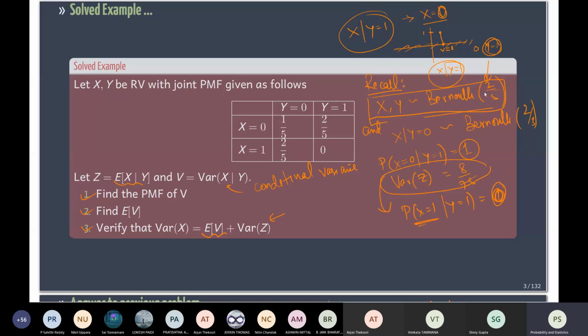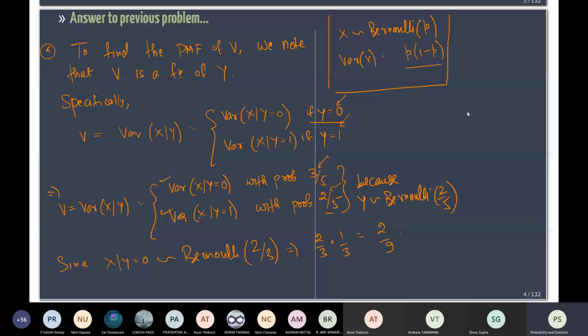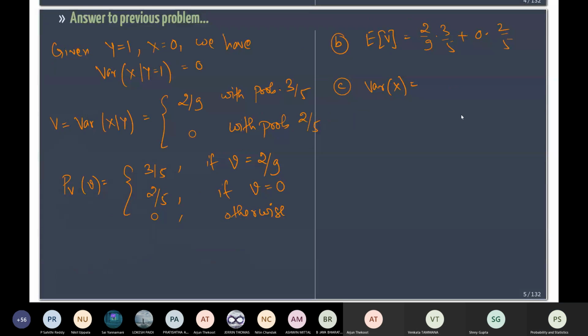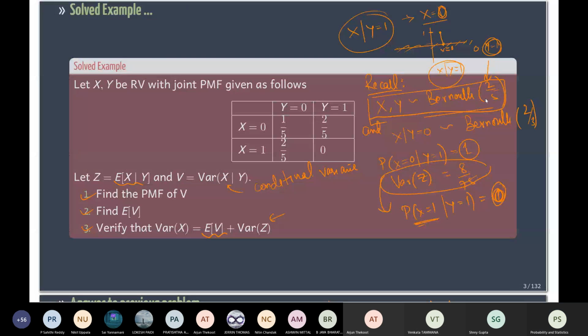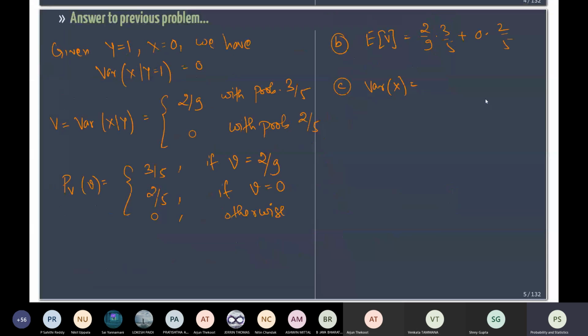So now it's a matter of the variance of Bernoulli, right? The variance of Bernoulli is P times 1 minus P. So the variance of X will be 2 by 5, and then 1 minus this will be 3 by 5, so this will be 6 by 25. Okay, so that's the variance of X we got.